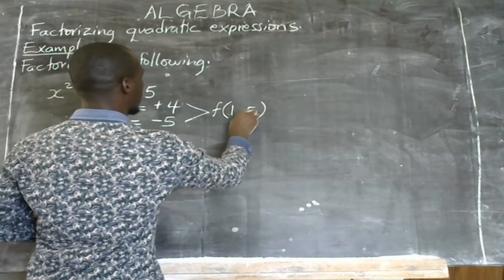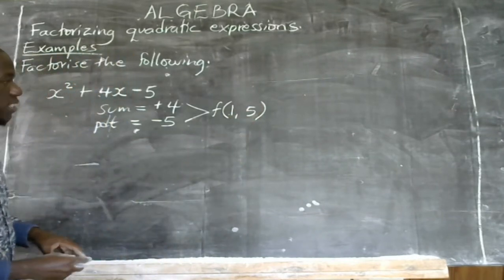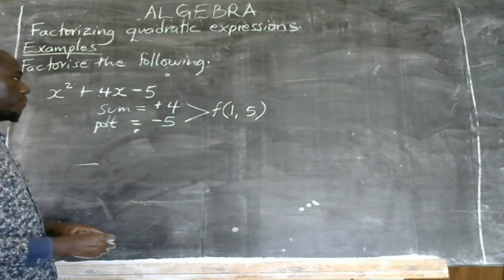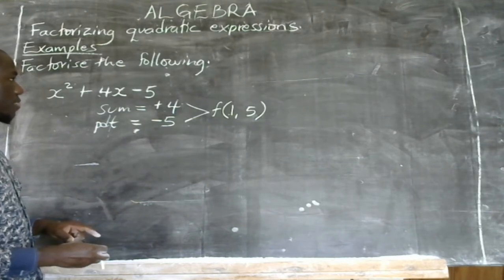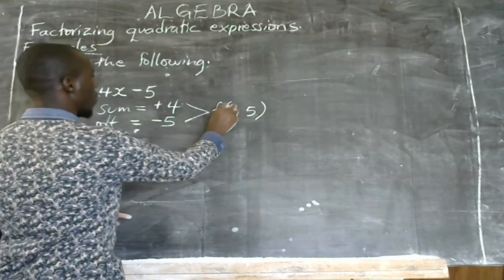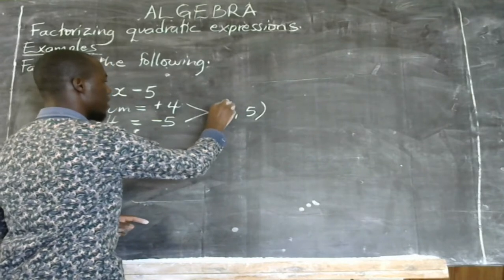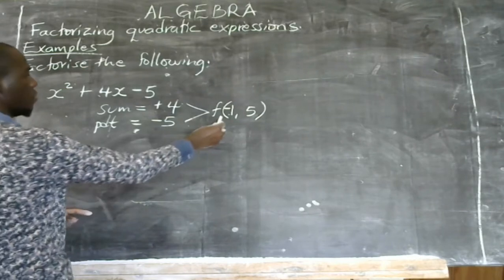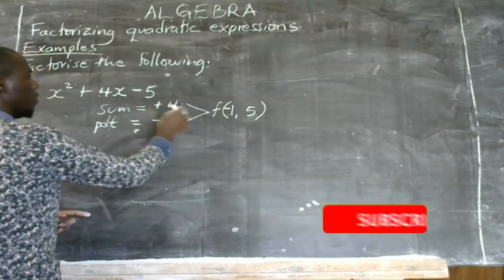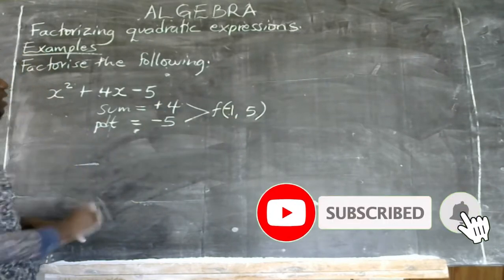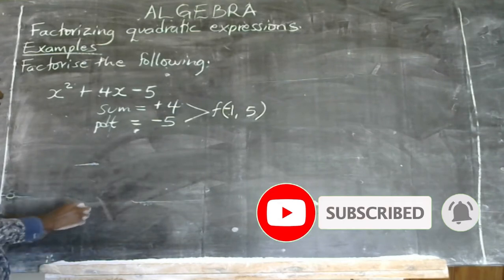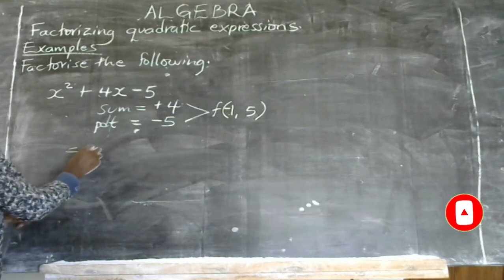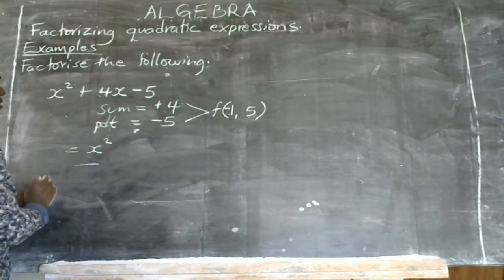Factors there, 5 is a prime number, has only 2 factors, that is 1 and the 5 there. Now the 1, I'm going to manipulate them such that I make the 1 to be having a negative, such that when you add, you get positive 4, and when you multiply, you get negative 5.